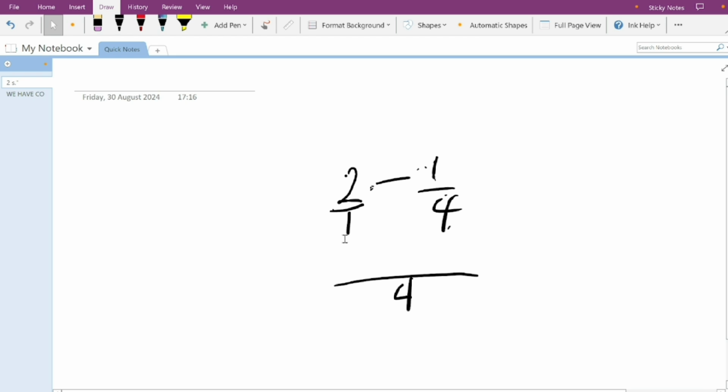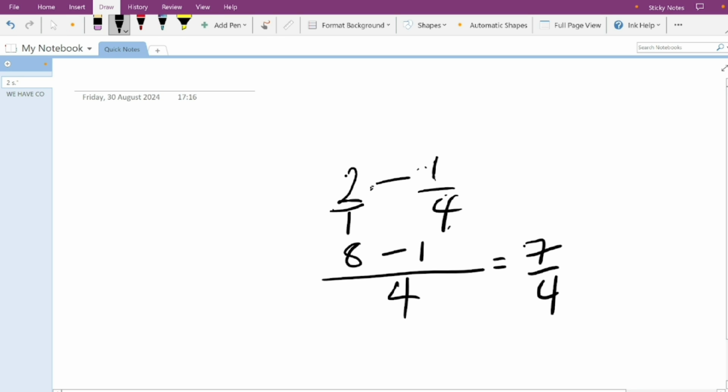So we go 4 divided by 1, the LCM divided by the denominator, the number below. 4 divided by 1, 4. Then the result, which is 4 times 2, that's 8. Minus 4 divided by 4, that's 1. 1 times 1 is 1. 8 minus 1, that's 7 over 4.